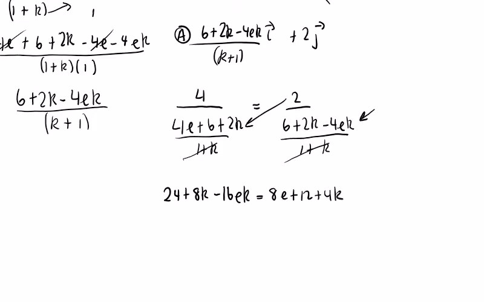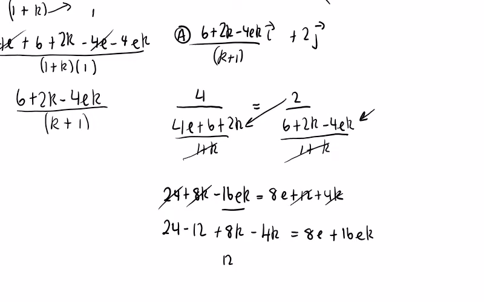We want the e on its own here, so if I bring the 16ek to the right and everything else to the left, 24 minus 12, plus 8k minus 4k, is equal to 8e plus 16ek.